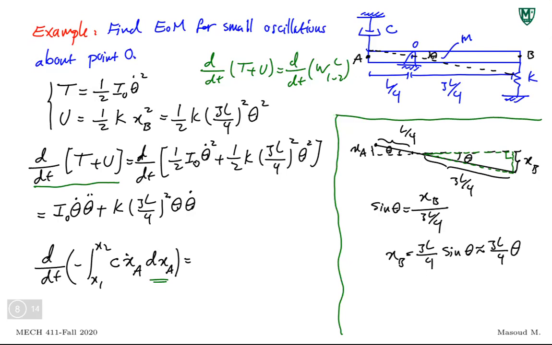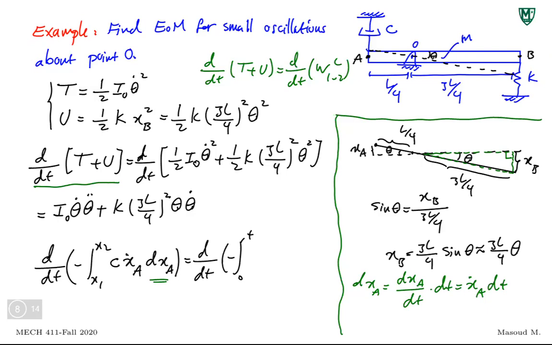So I'm going to write it the same way. I use a different color so it's not mixed up. dxA can be written as dxA/dt times dt, meaning that it becomes x dot A dt. So I can plug it here. d/dt minus integral, well, this becomes 0 to t, since x1 is 0 and x2 is x, some position that we are at.